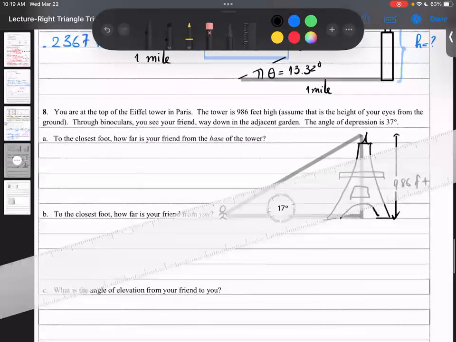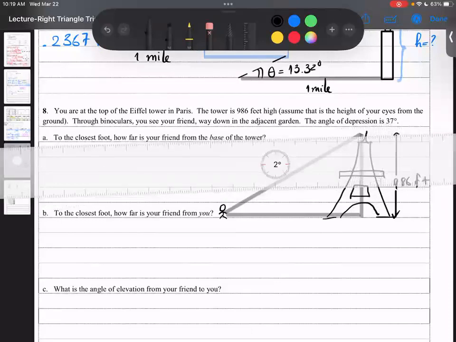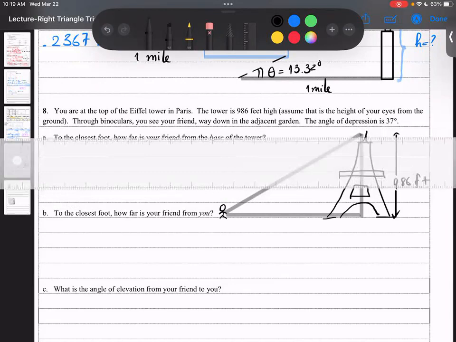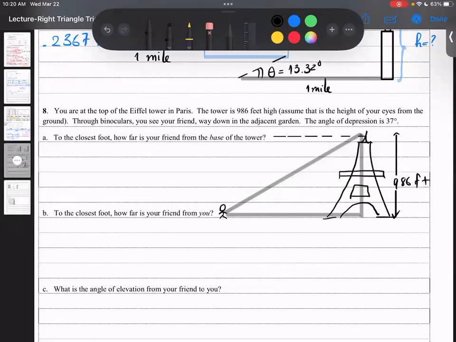So you start out with the horizontal. The only way you can do this is going like this. And the angle of depression is that one right there. Remember what I said, horizontal and then down, right?